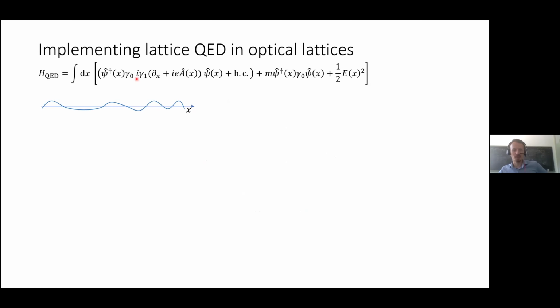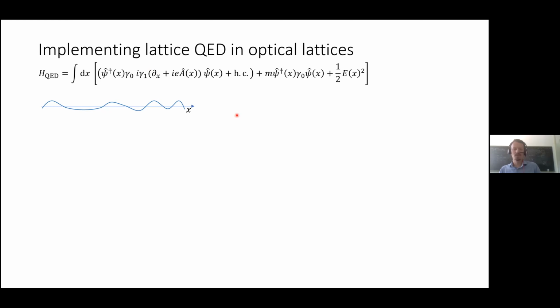Now I showed you before QED in a continuum. So here we're now talking about optical lattices. There's one reason we want optical lattices, because we have all these knobs to tune around. So there's really a toolbox to use. But there's also a conceptual reason. Namely, we want to study here a relativistic theory. So we have this one derivative here, which is given by a Dirac cone in the dispersion relation.